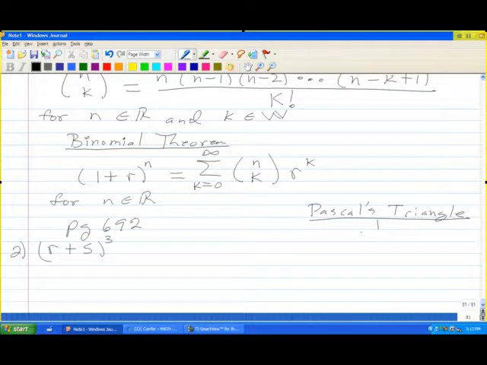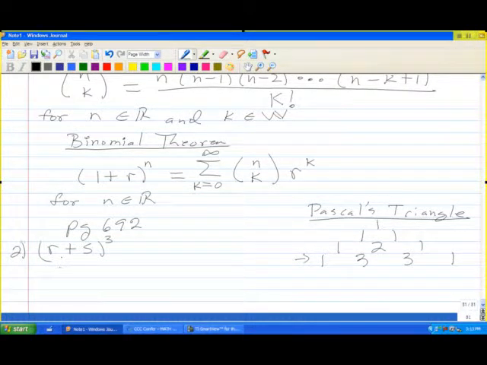So I'll start with 1, drop down the 1, drop down 1, add, drop down the 1, add, drop down the 1. So that's 0, 1, 2, 3. These are my coefficients. Let me write them out.